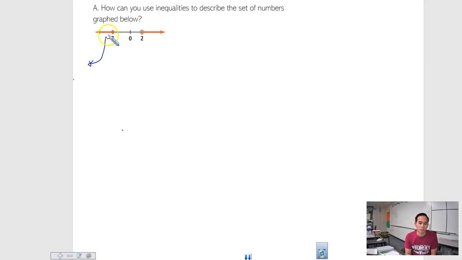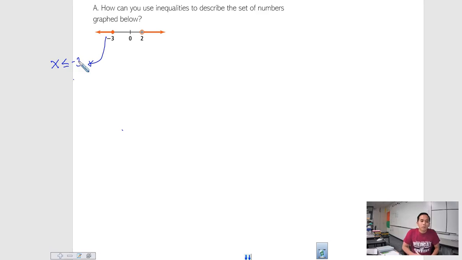But take a look at the direction of the arrow. It goes to the left, meaning every number, including -3, is a solution of this inequality. Let's use x to represent those numbers. So the inequality here is x is less than or equal to -3.